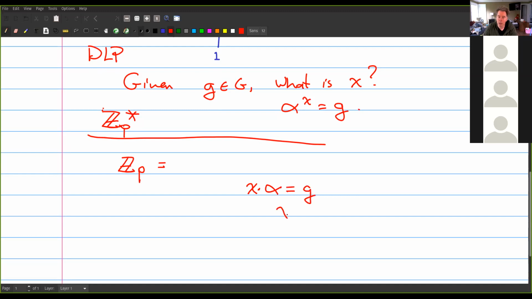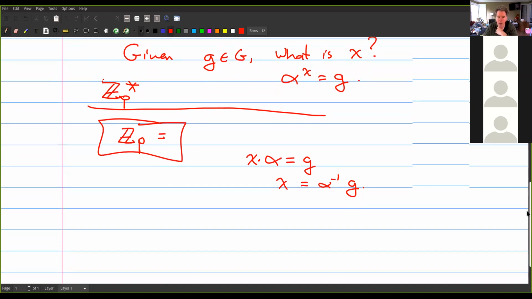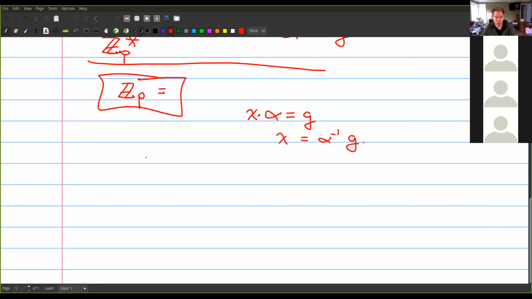And then the answer is just x equals alpha inverse times g. So in Z_p with no star, the discrete logarithm problem is totally easy.